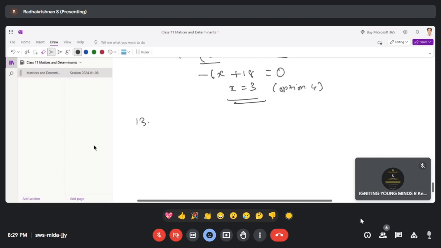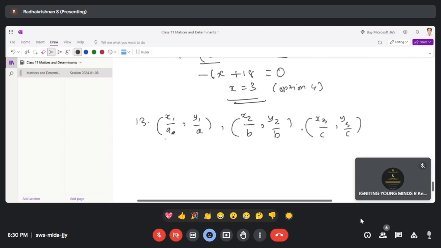So the three coordinates are given as x1 by a, y1 by a, similarly x2 by b, y2 by b, x3 by c, y3 by c.